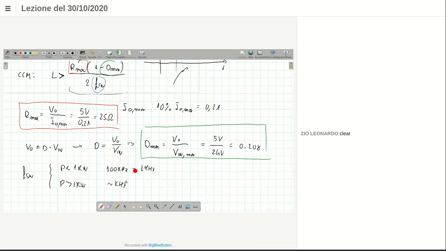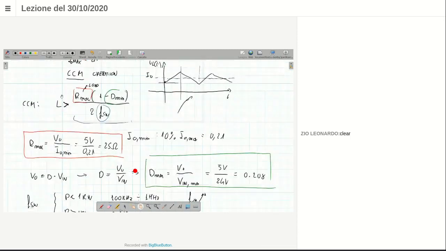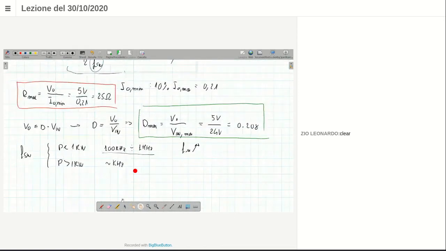This is related to the devices that should be used, to the losses of the devices to be used, and also to other considerations. In this range, for instance, if we choose a higher switching frequency, and this is clear from this expression for operation in continuous conduction mode, the higher the frequency, the smaller the inductance.